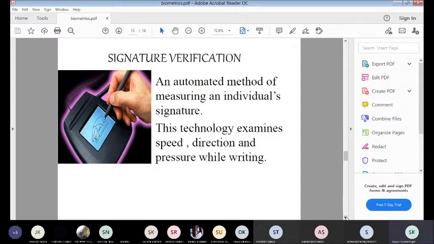So not only the similar design, right? Not only the visible part of the signature, the image of the signature, is important, but speed, direction, and pressure are also important when we try to differentiate between two signatures, the same signature done by two people.